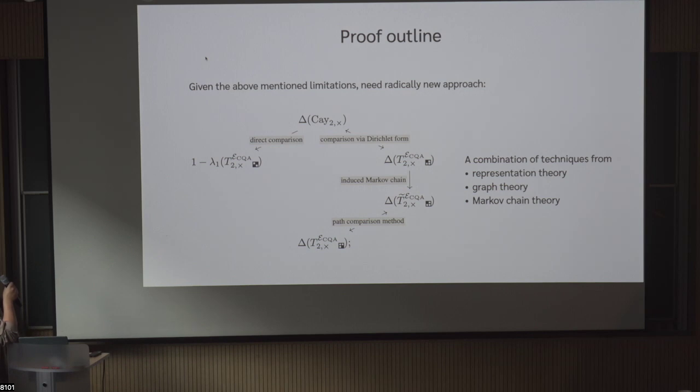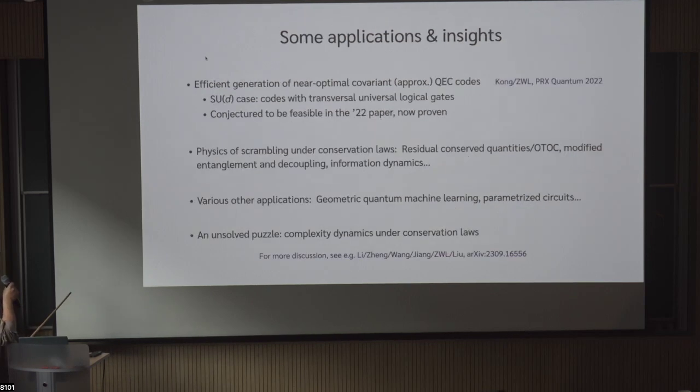And we can see that some elements overlap with the first part of the talk, like comparison via Dirichlet form and some other representation theory manipulations. But the point here is that we really have to devise new methods in order to overcome the fundamental barriers or fundamental limitations of known efficiency methods.